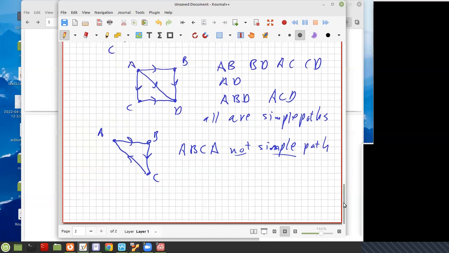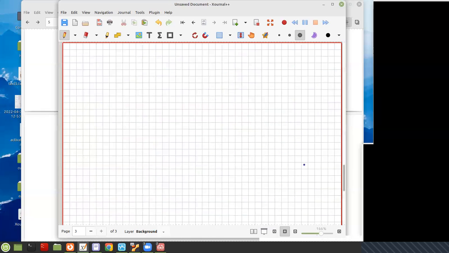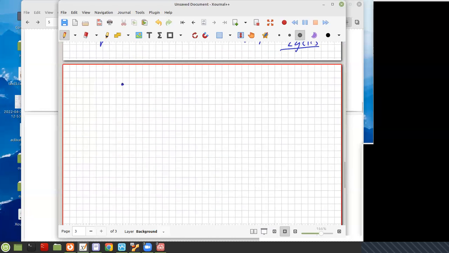Now, a special case of non-simple paths are cycles. So what's a cycle? Well, a cycle is a path that starts and ends on the same node.